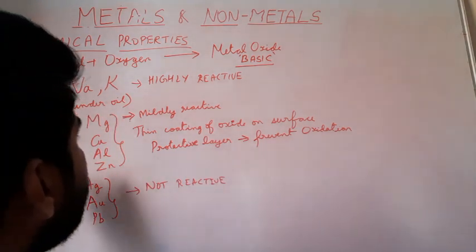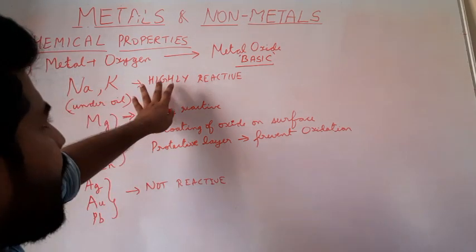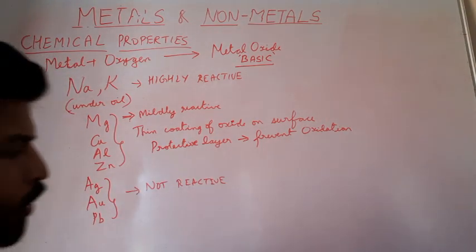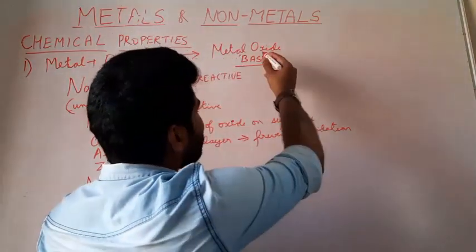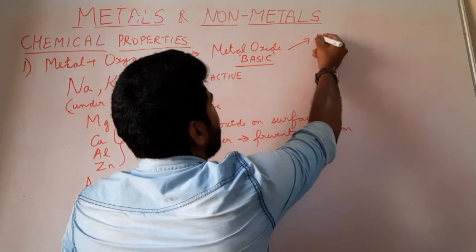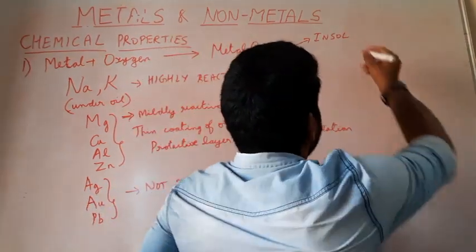So we can see very clearly that some metals react with oxygen and other metals do not. Talking about those metals that react with oxygen, providing metal oxides, most metal oxides are insoluble in water.